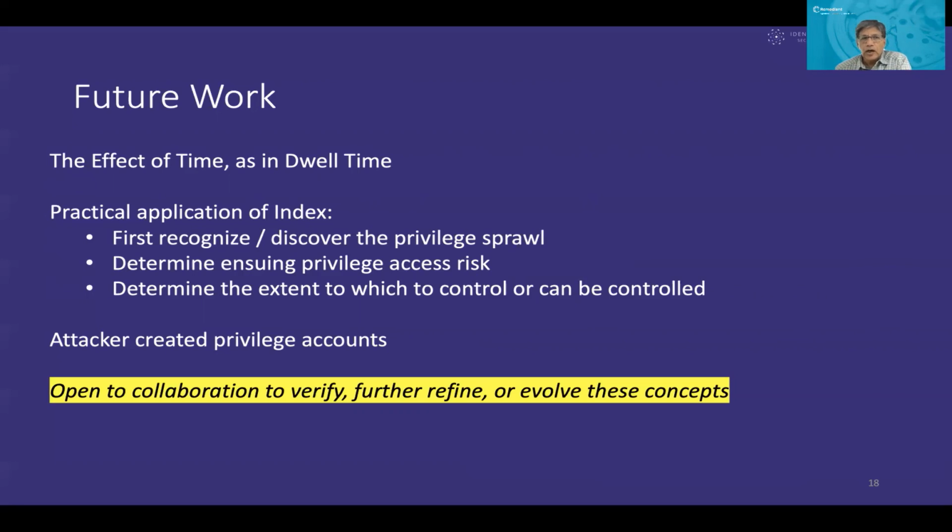So this is work in progress on quantifying the privilege sprawl index in a real environment, and then providing a privileged access risk dashboard, if you will, to visualize, analyze, and manage your privilege sprawl. And then, of course, secondary accounts do get created, particularly by attackers, and how does that play into defining or changing the profile of a privilege sprawl, right?